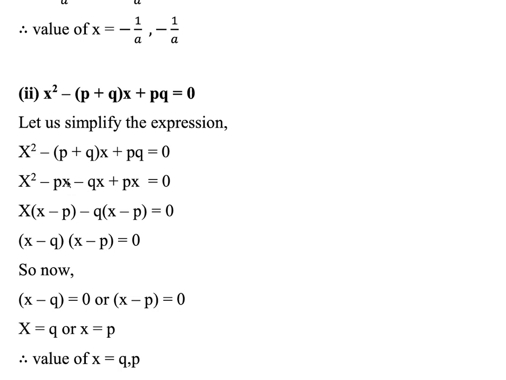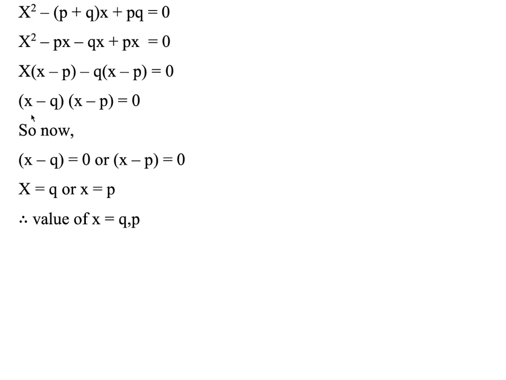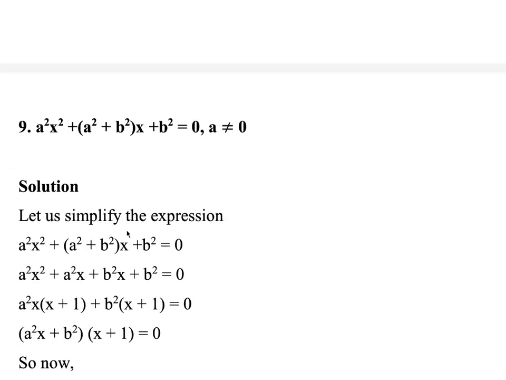After that, breaking it into minus px minus qx plus pq is equal to 0, and after that (x minus q) into (x minus p) is equal to 0. So if x minus q is equal to 0, the value of x will be q, and if x minus p is equal to 0, the value of x will be p.